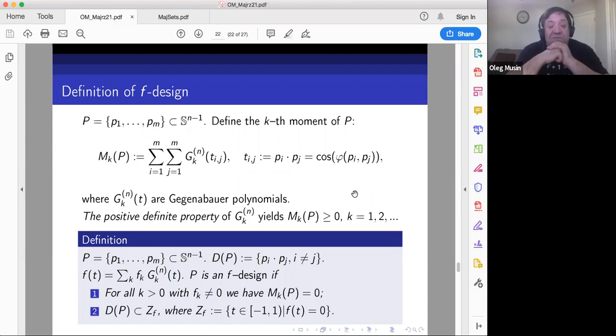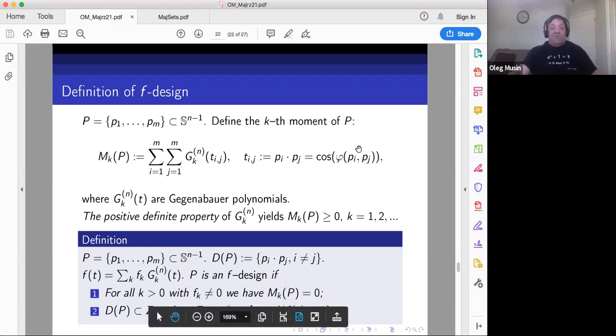It is also considered for Gegenbauer polynomials in SDP, semidefinite programming, which also uses this property. So I defined the moment, and the definition consists of two parts.